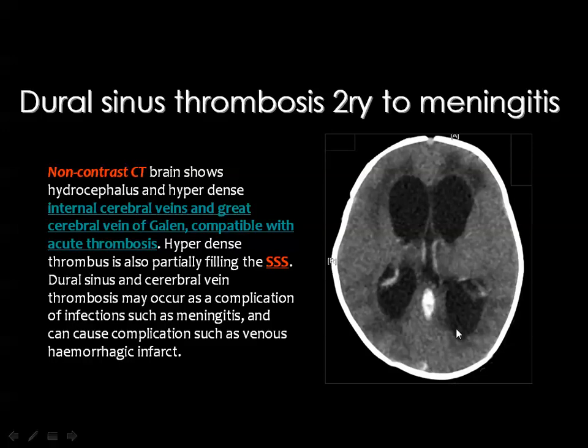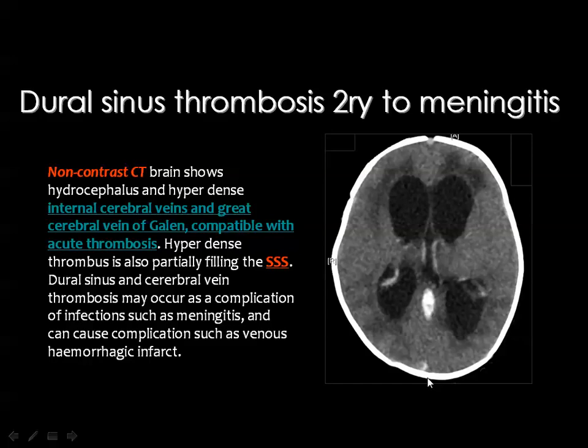Then venous sinus thrombosis will result. Also here you can see some hyperdensity within the superior sagittal sinus, and you know that the CSF is absorbed by the arachnoid villi and drained into the superior sagittal sinus.